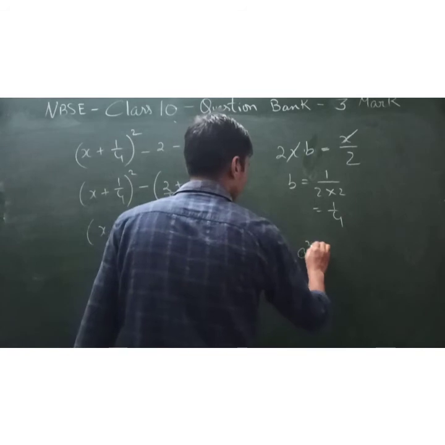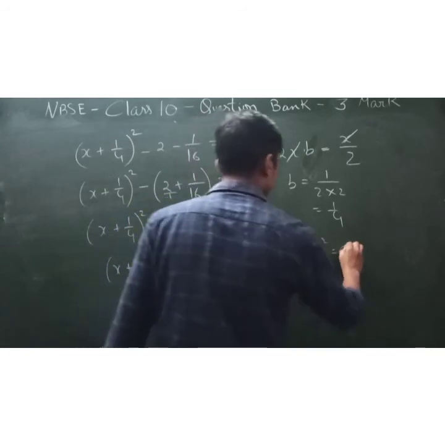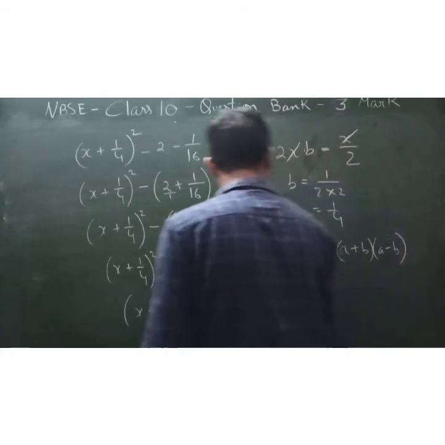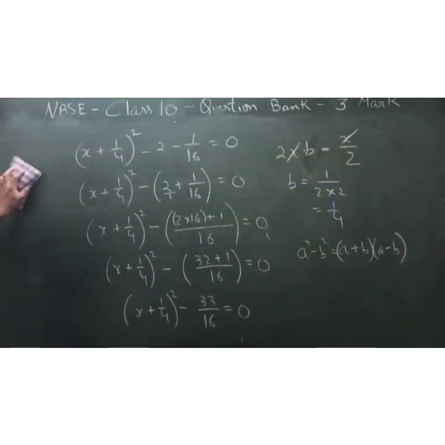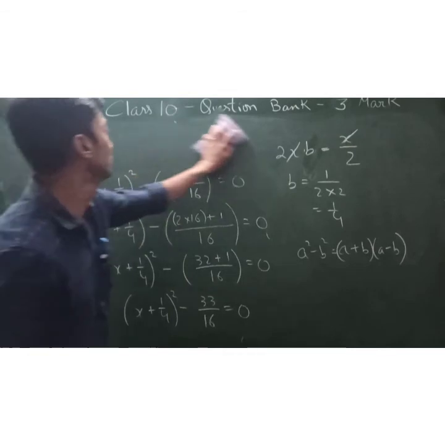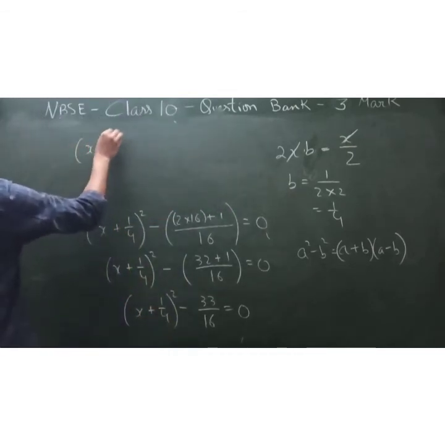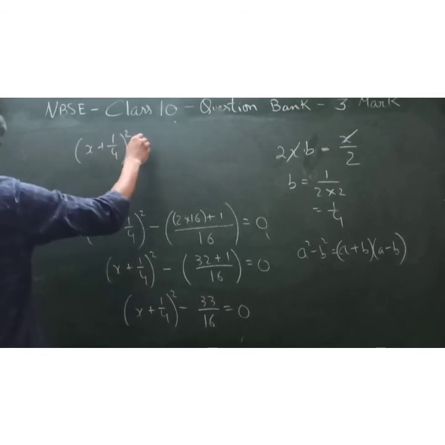Here, as I mentioned in the previous videos on completing the square, we can use the concept of difference of squares. So you can note down here, pause and write down the rest. Alright, I'll just continue. So that's going to be x plus 1 by 4 the whole square minus 33.